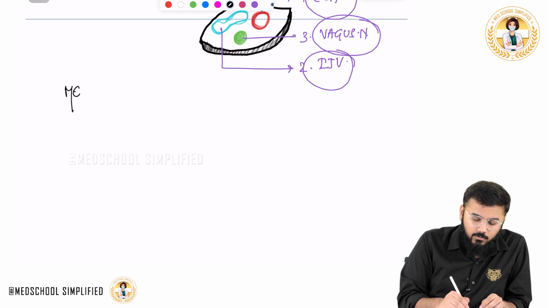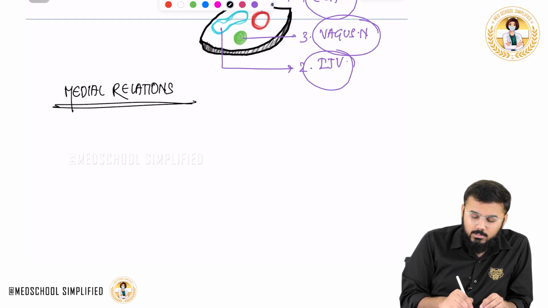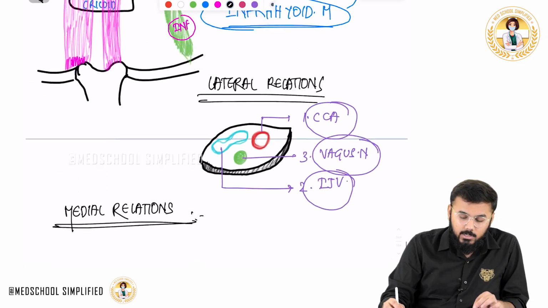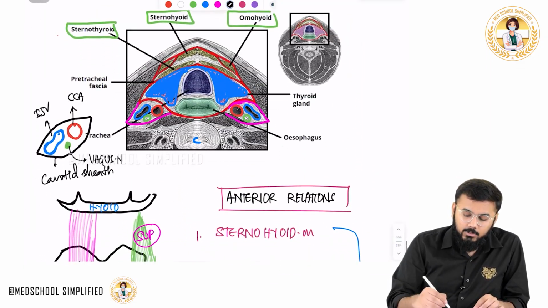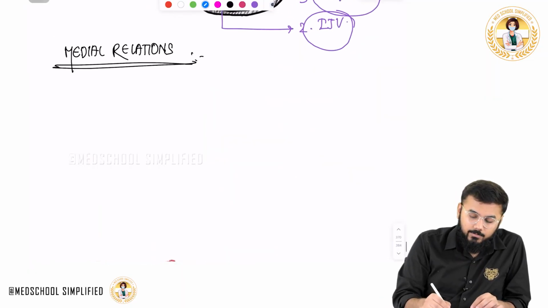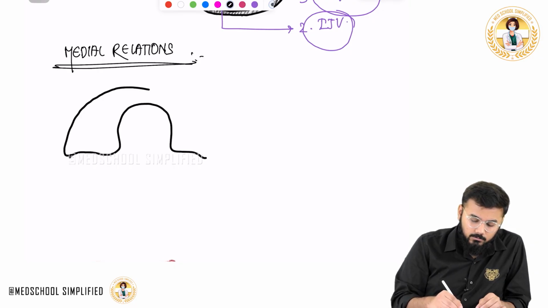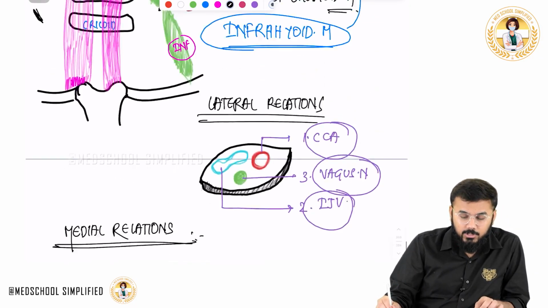What are the structures that form the medial relations? Medial relations in the sense, you see this is a gland. This is how the picture is there, right?